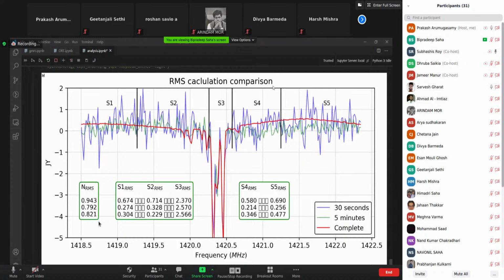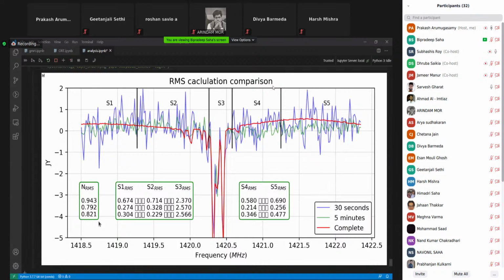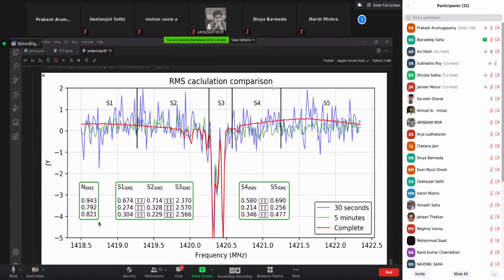Because this data analysis was kind of a complicated thing for us in this time.